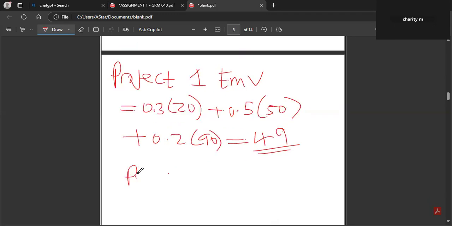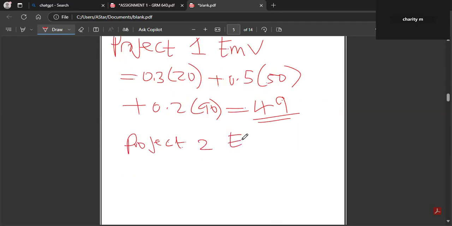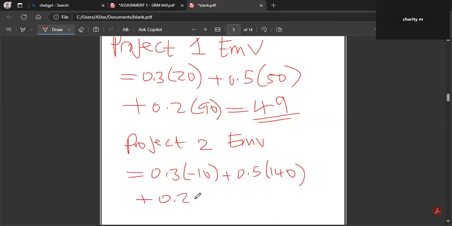So project 2 expected monetary value is equal to 0.3 by -10 plus 0.5 by 140 plus 0.2 by 150.